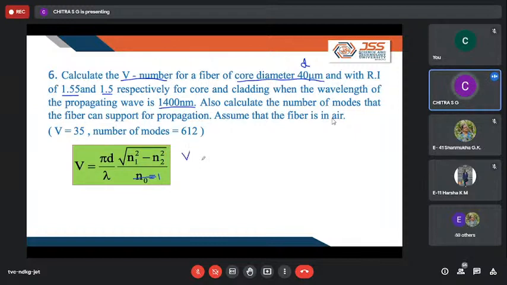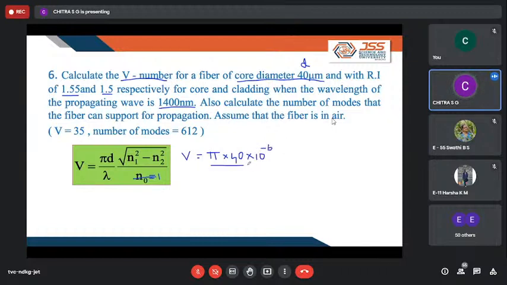So V is equal to pi into D. What is D? You put it as 40 into 10 to the power of minus 6. Pi value is 3.14, into 40 micrometer, 10 raised to minus 6, divided by 1400 nanometer.